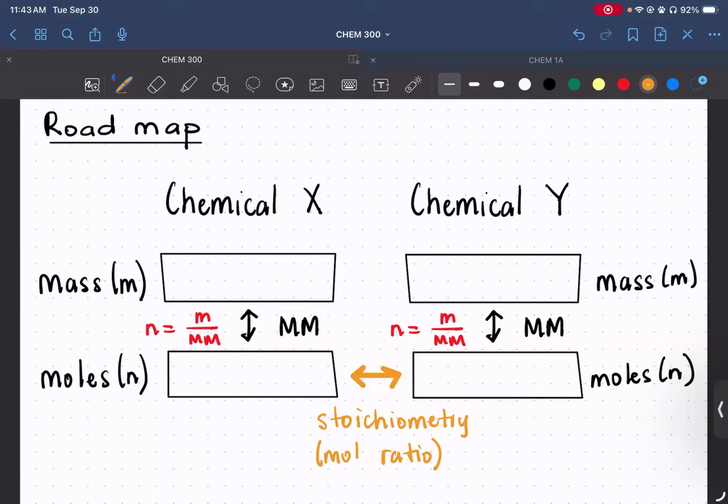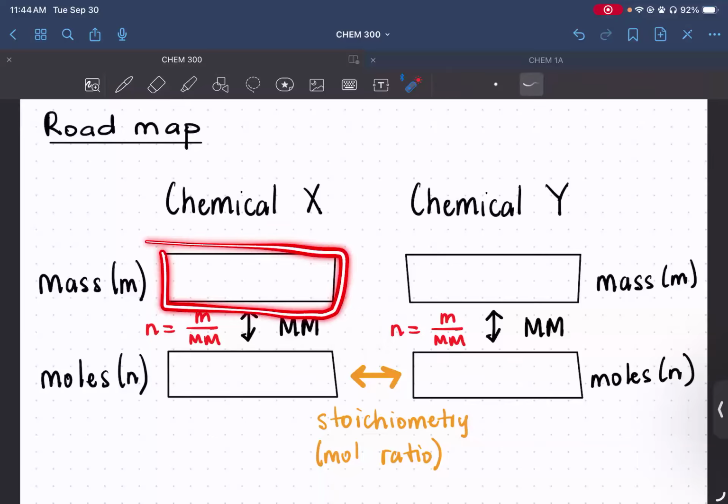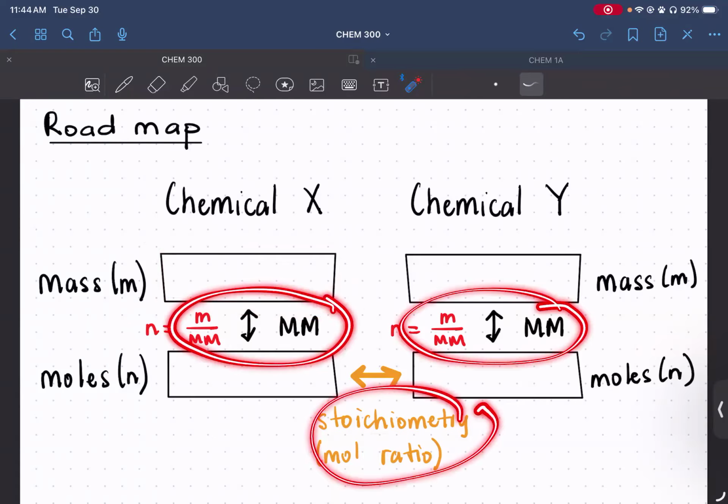What this roadmap allows us to do is visually track the information in a question and identify, for lack of a better word, the path ahead. I actually like to think of these boxes as stops along a bus line, and what's between the arrows as our bus pass.